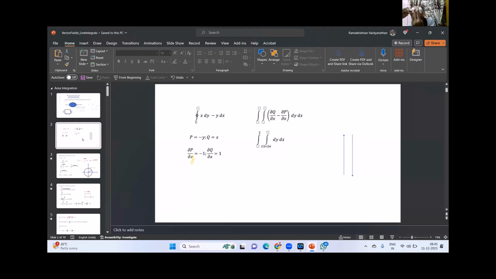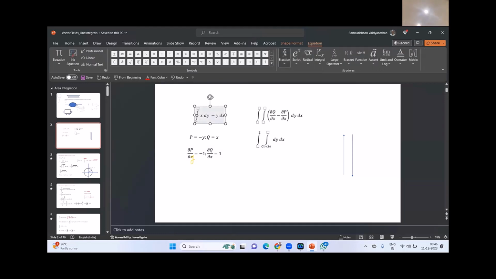This is how we taught you in the beginning. Again and again, you cannot ask the same thing. Hereafter, you believe that if this is the thing, then the area is half of the double integral, 1 by 2. You take it for granted now. So if you want to find out the area, this is what it is.